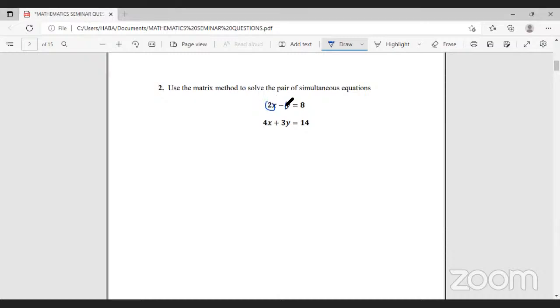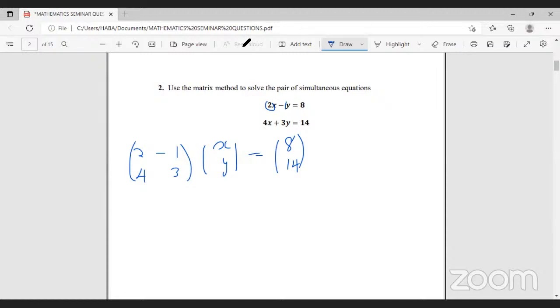So the 2, the -1, the 4, the 3. We multiply this then by x, y, and then equate it to 8 and 14. So maybe these are the different matrices my friend Emma was telling us.